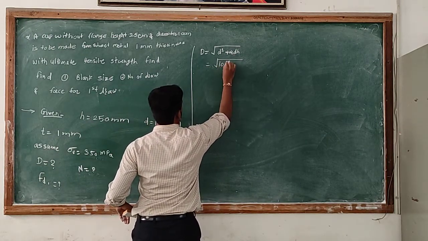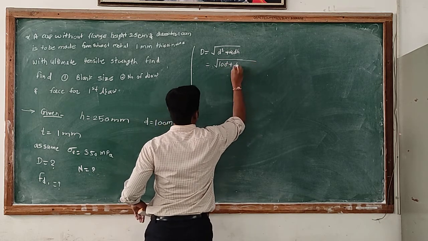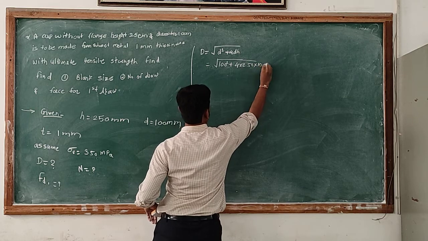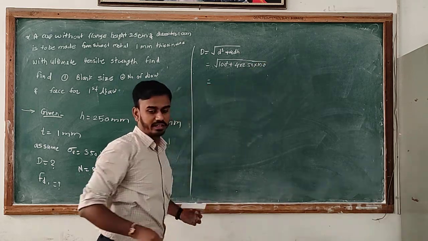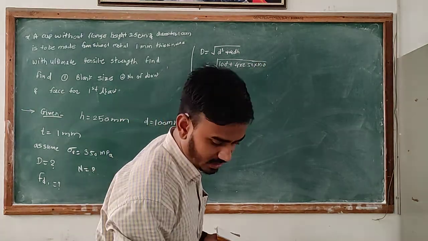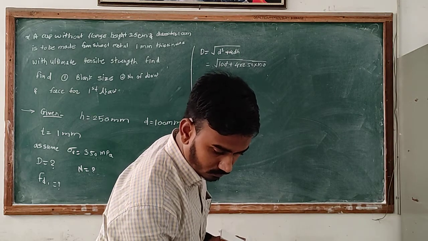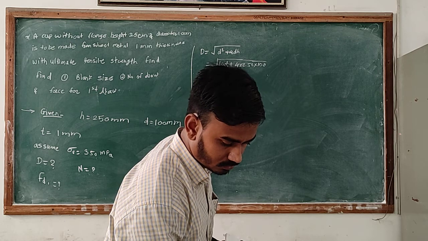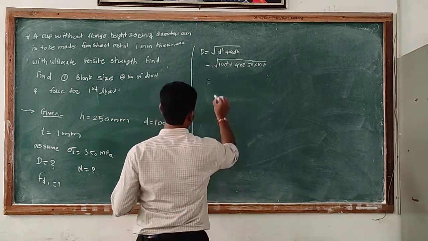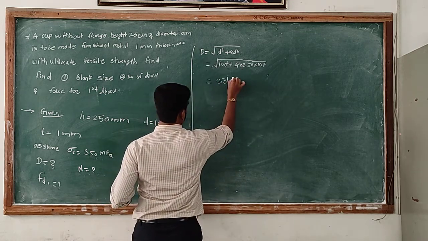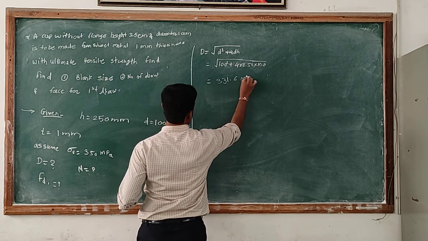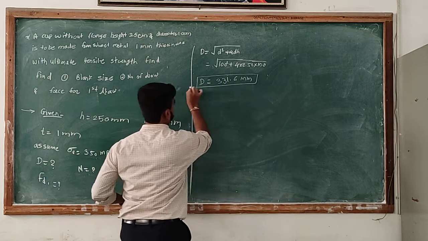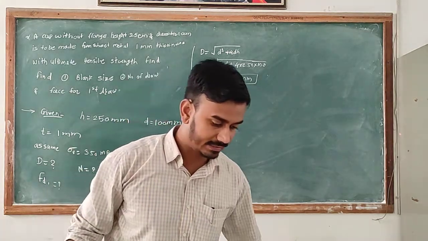Capital D is equal to the square root of 100 square plus 4 into 250 into 100. If we solve it, we will get the value equal to 331.6.